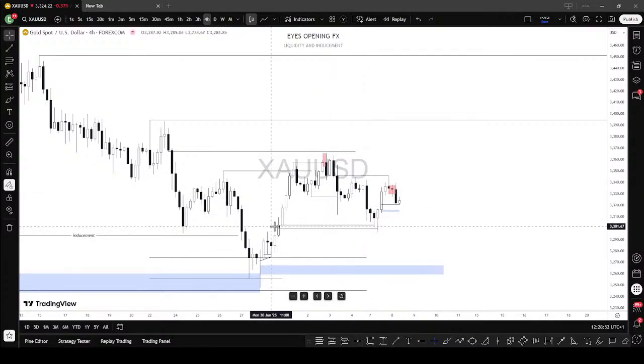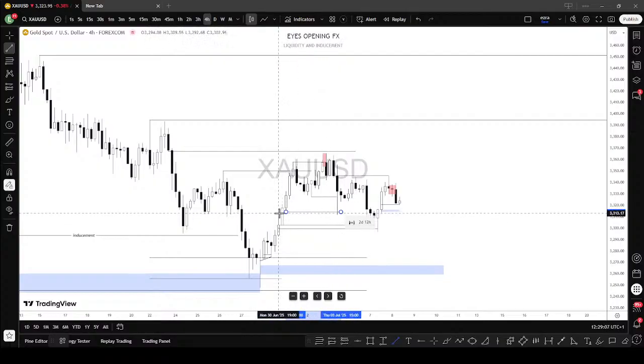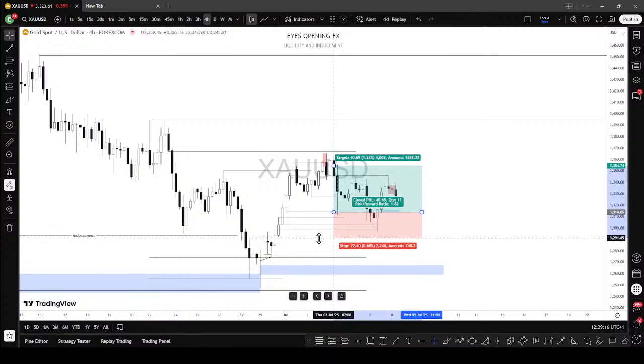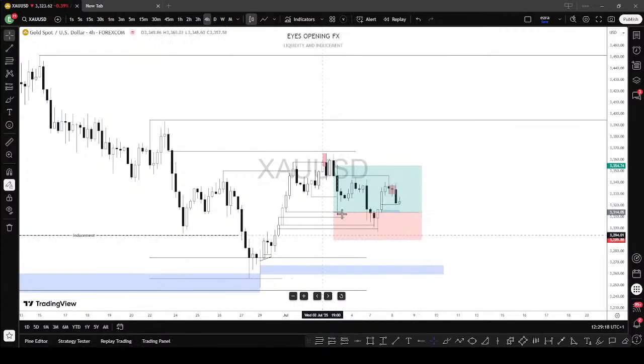Some of them can have a primary POI, which is this, and have a secondary POI, which is where price is buying from currently. Let's say, for example, they have a trendline balance right here. So they will pick this middle one like this, then they will enter from this particular area. This will be their stop loss, this will be their entry, and around here will probably be their stop loss.